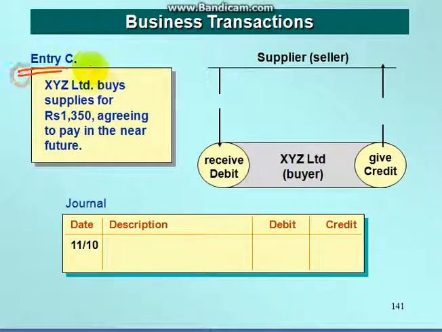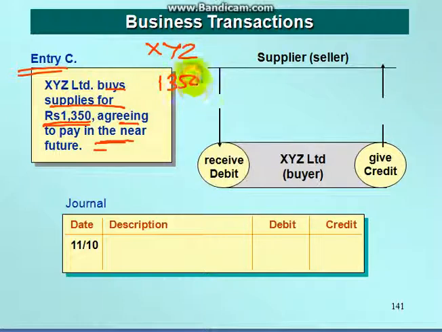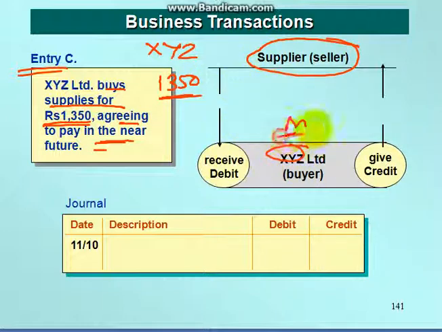For example, entry C, XYZ buys the supplies, say for rupees 1,350, agreeing to pay in the near future. So XYZ is the firm who actually purchased some 1,350 rupees material from the supplier, and XYZ said that we will give money afterwards. Means this supplier has given credit. So how this entry will take place?